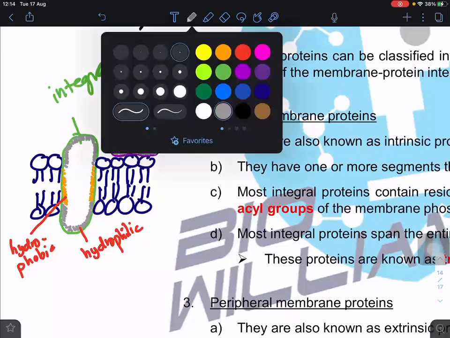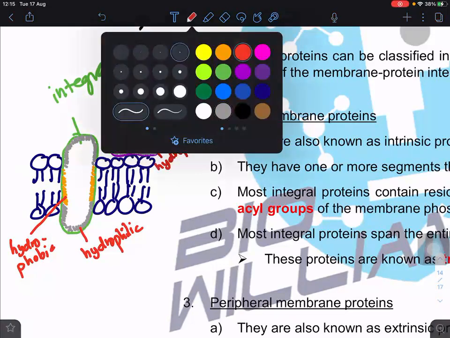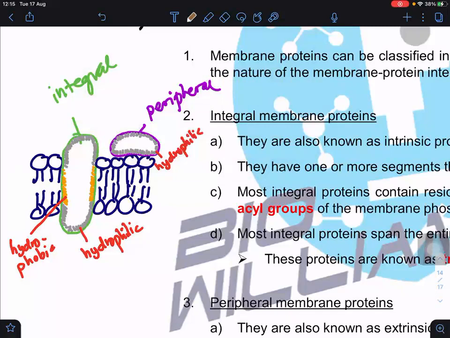Therefore, they only need to have one property, which is hydrophilic. Are you clear? Hydrophilic, so that they can interact with the phospholipid head. Some of them may also have interaction with other proteins. But no matter how, you can see that the entire surface of the protein is hydrophilic.